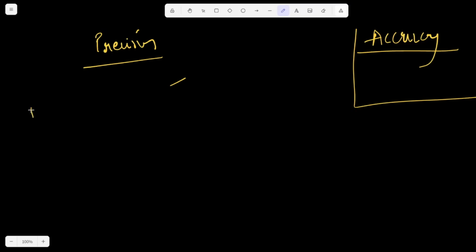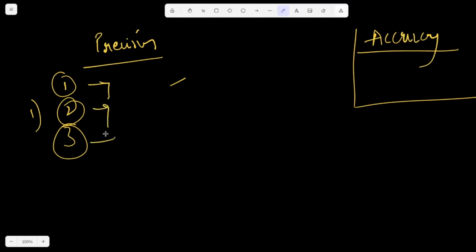The first one is that if we have a multi-class classification problem or even a binary classification problem, and let's say we want to predict 1 out of 3 classes, precision is a metric where we calculate it separately for each of the classes. That's the way it's done, and this is how we get an intuition of how our model is performing on each class.